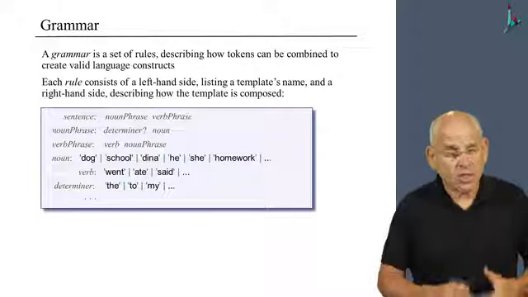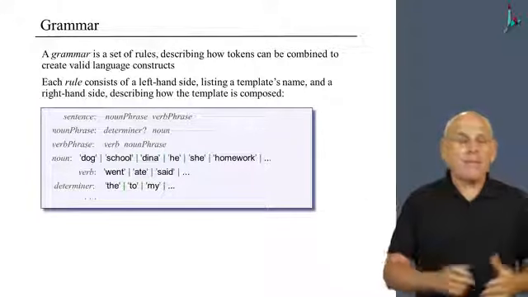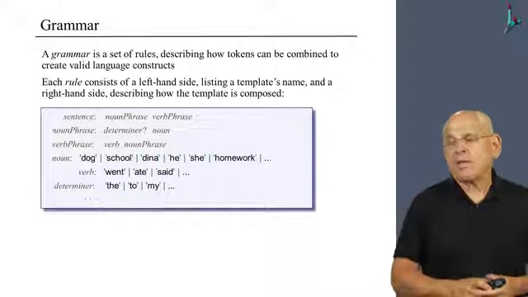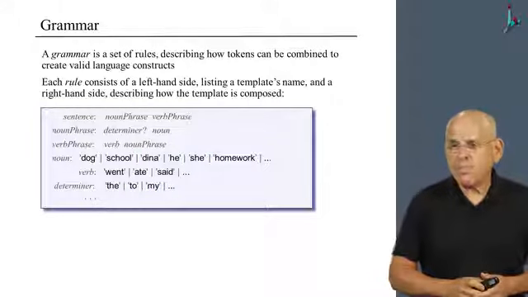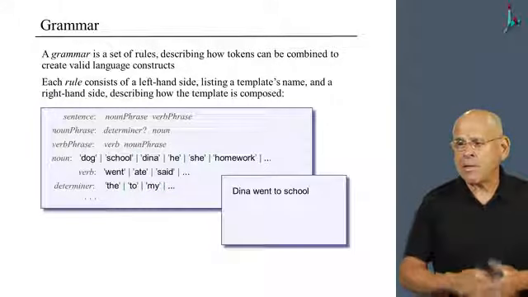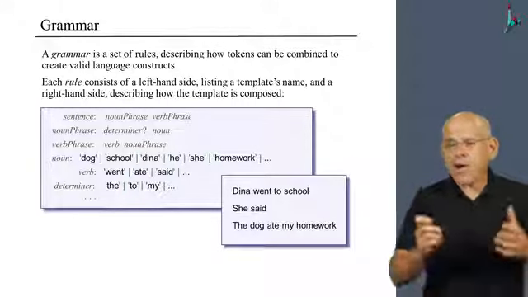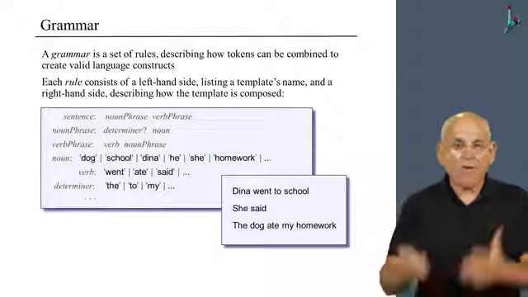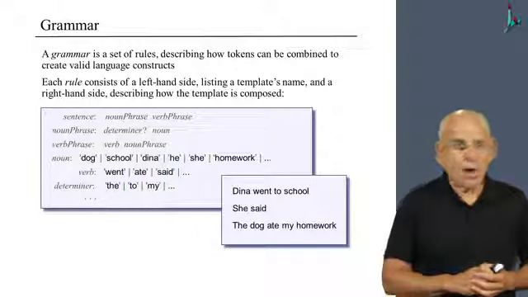Once again, this is just a subset of the English language, but this subset is sufficiently rich to accept such inputs as, for example, Dina went to school. She said, the dog ate my homework. Every one of these sentences will be accepted by this grammar.